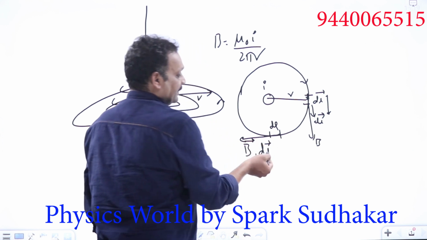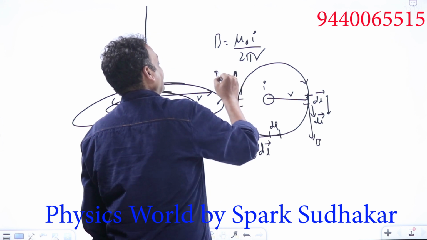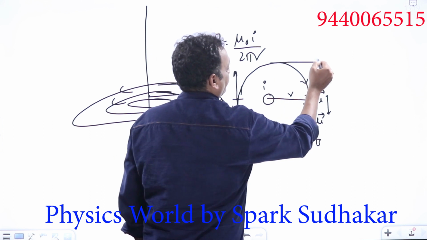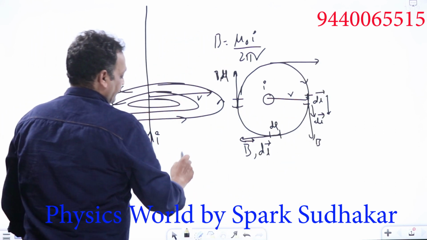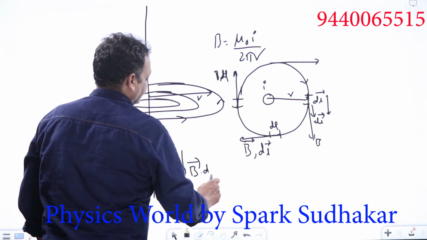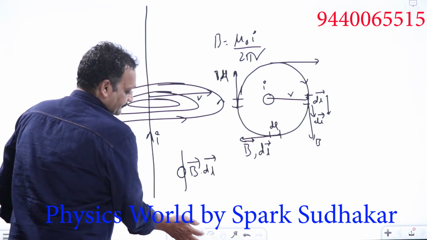The angle between B and dl bar is 0. Everywhere, B bar and dl bar are in the same direction, such that the angle between them is equal to 0. Now I'll apply Ampere circuital law, circular integral B bar dot dl bar.